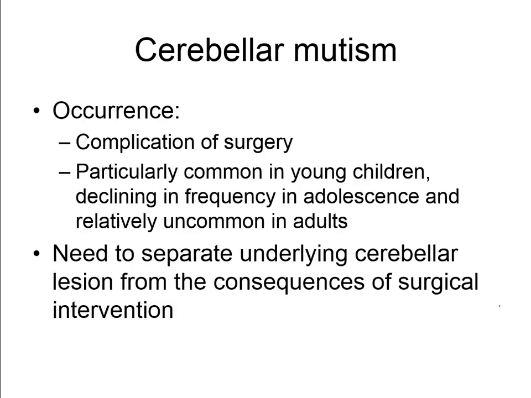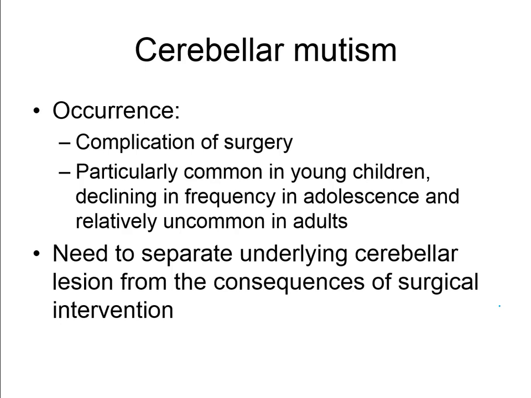The last, I think it's the last clinical thing I'm going to say, is about cerebellar mutism. This is typically seen after surgery, and it's typically seen after surgery in children and adolescents, but very, very rarely in adults. It's hard to know exactly what the cause is, although it's very characteristic.